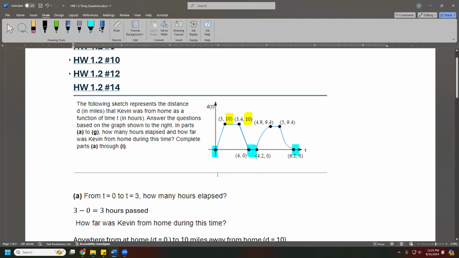But it said, how many times did he return home? So we're not going to count this one because he's starting at home. Return means go back to. So from wherever he was 10 miles away from home, this is him going back home once. Then he leaves home and he comes back home again. So Kevin goes back home 2 times.